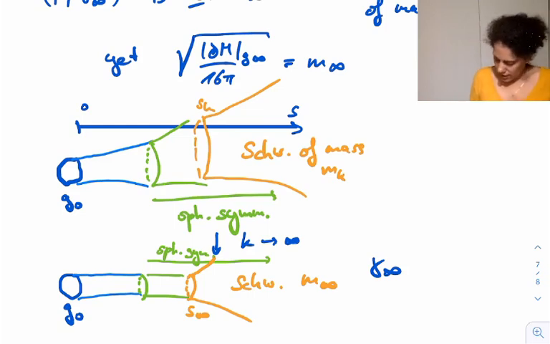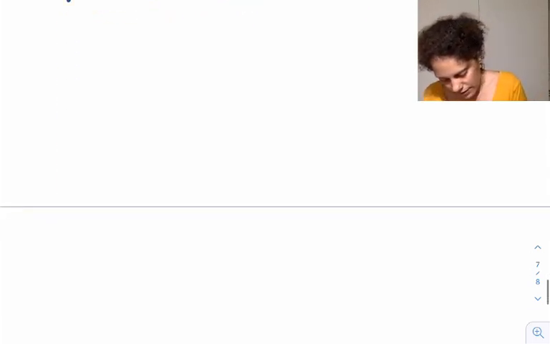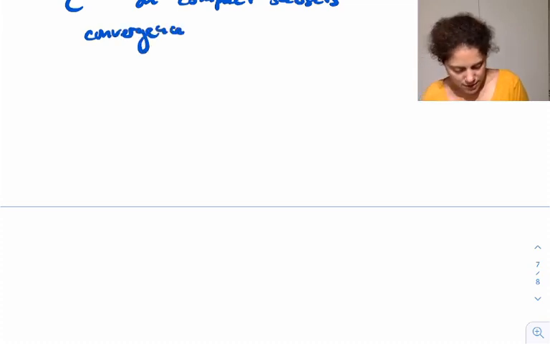Let me mention that C^{1,alpha} convergence on compact subsets implies convergence in a lot of topologies.